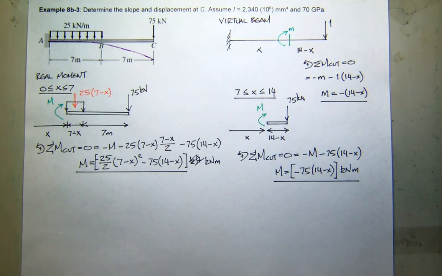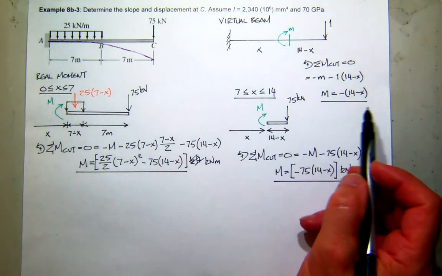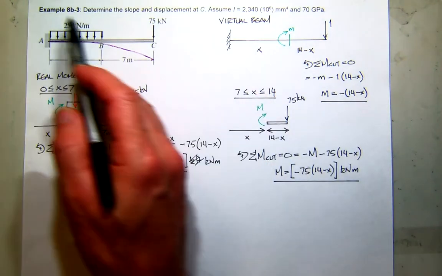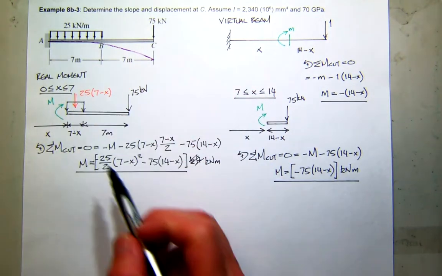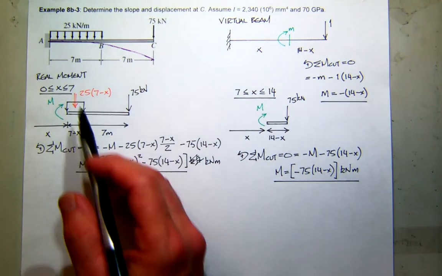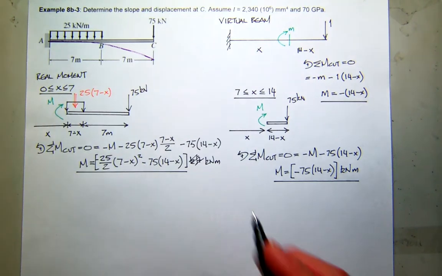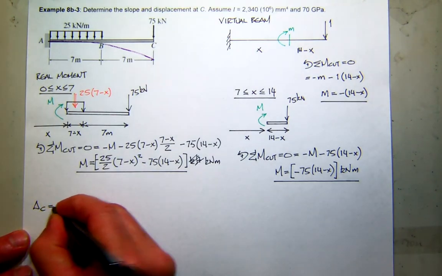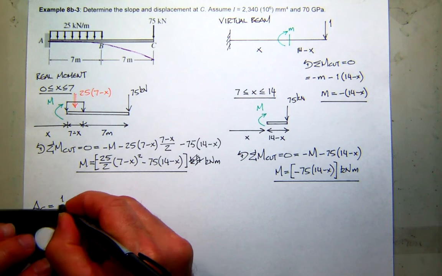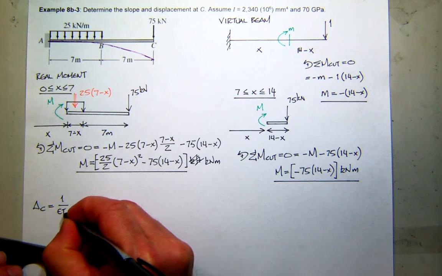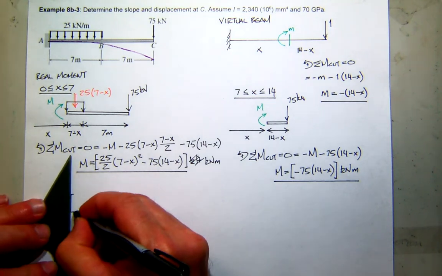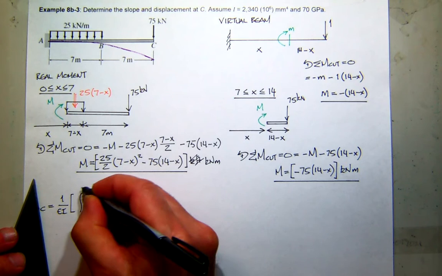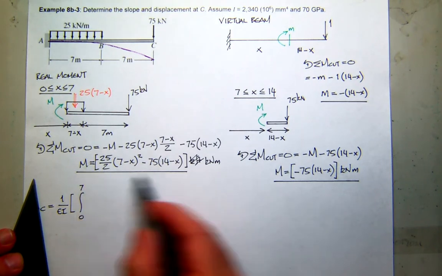So just enough time to build the virtual work expression. So obviously this virtual moment is good for the whole range. But this was only good for 0 to 7. So my displacement at C will now be divided into two segments. The first integral from 0 to 7 will be all of that.